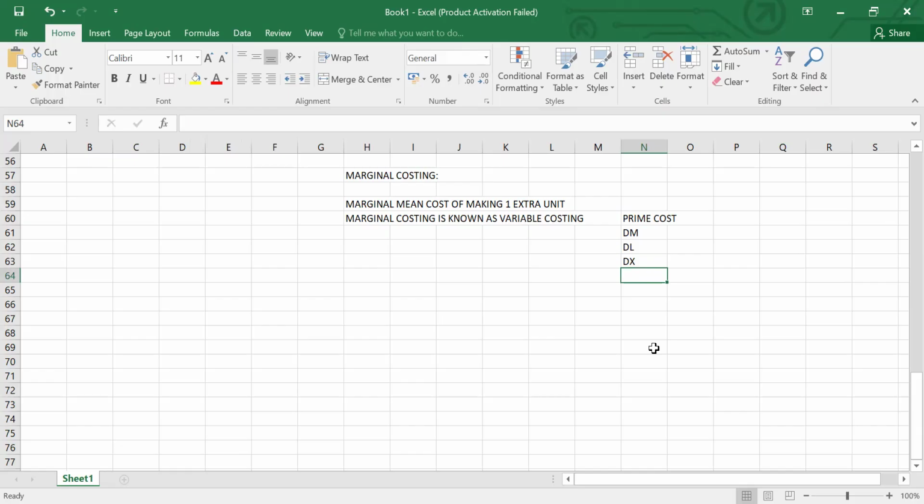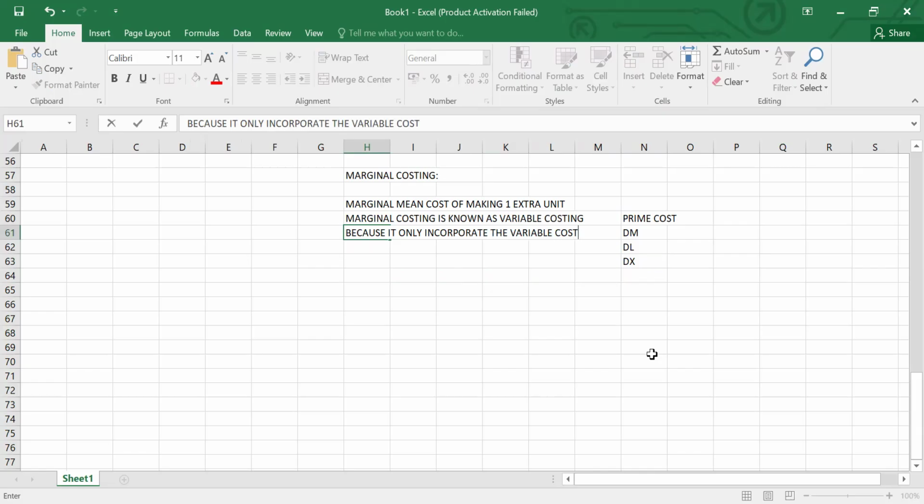So marginal costing is also known as variable costing because it only incorporates variable cost into the cost of production of inventory. This is an important line.